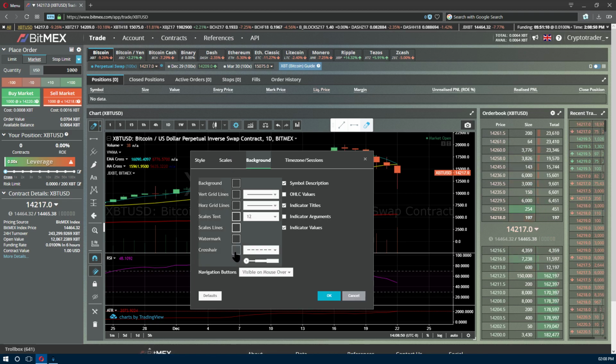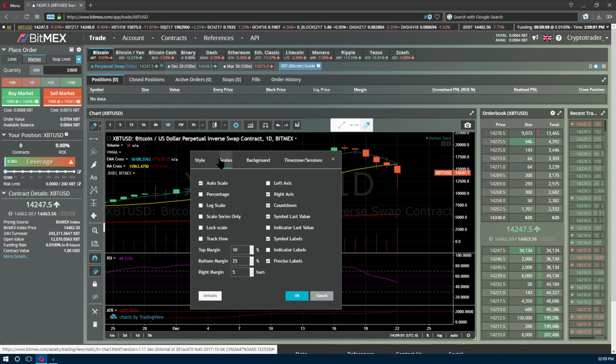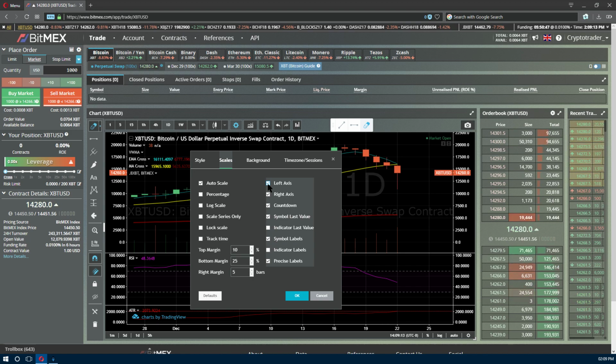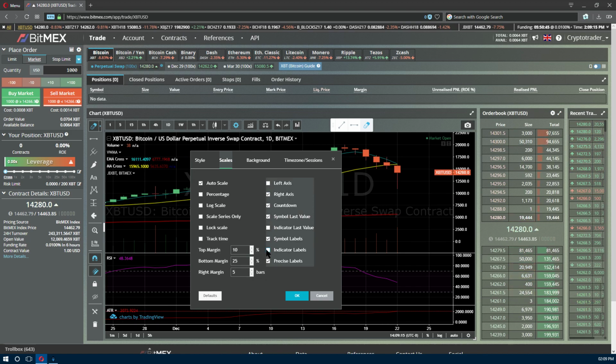Background, crosshair, vertical, symbol, scales, percentage, track, countdown. Where's my countdown? Hey, where's my countdown? Track time.